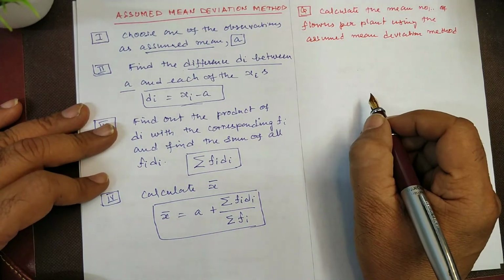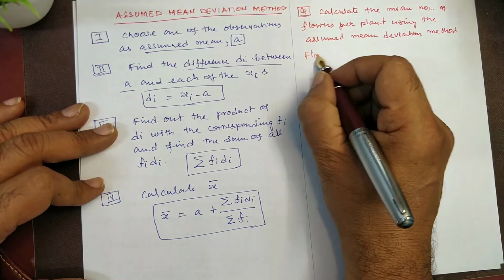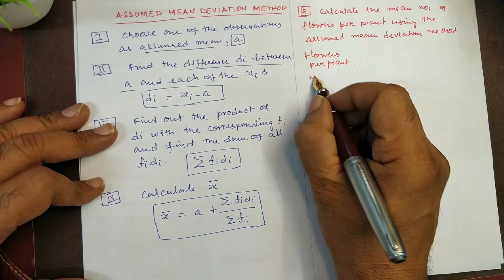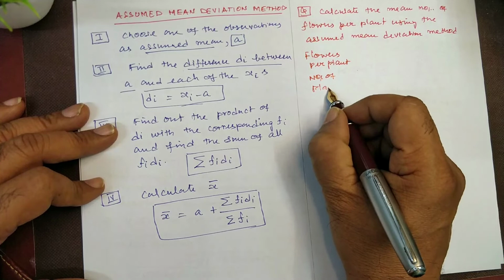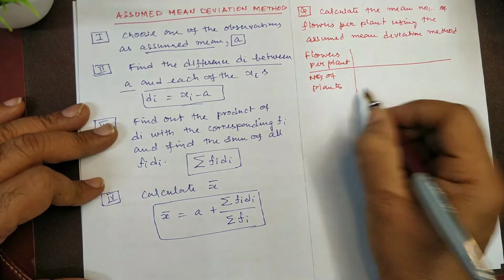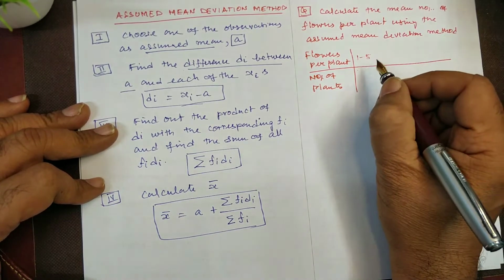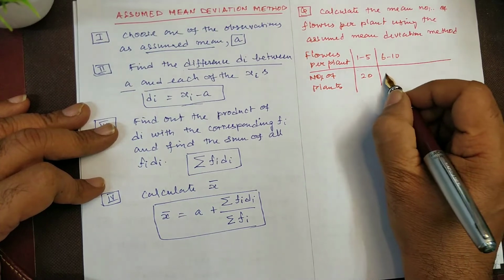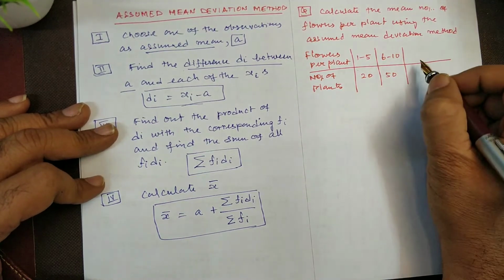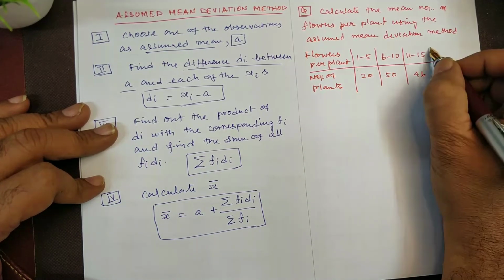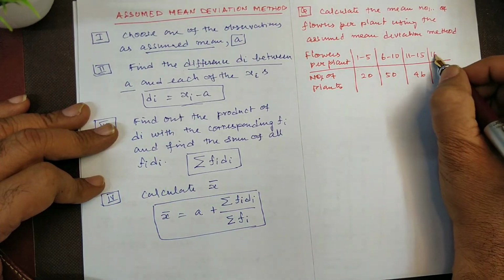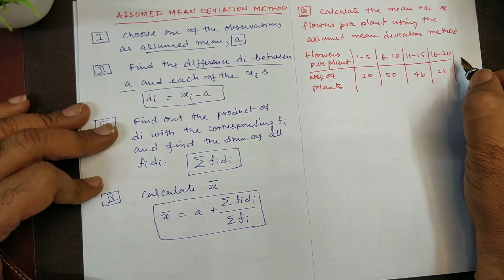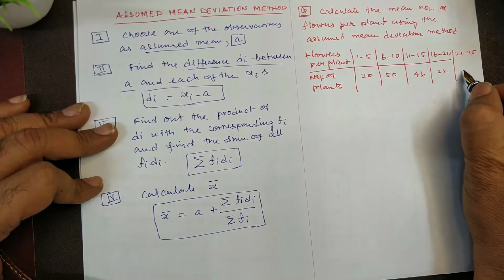Given flowers per plant and number of plants: 1 to 5, 20 plants; 6 to 10, 50 plants; 11 to 15, 46 plants; 16 to 20, 22 plants; 21 to 25, 12 plants.